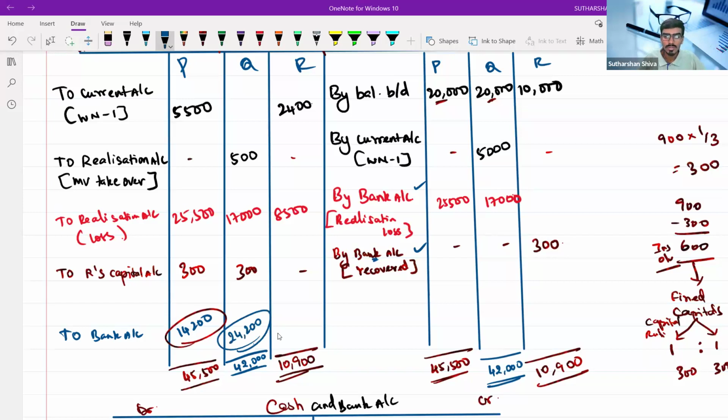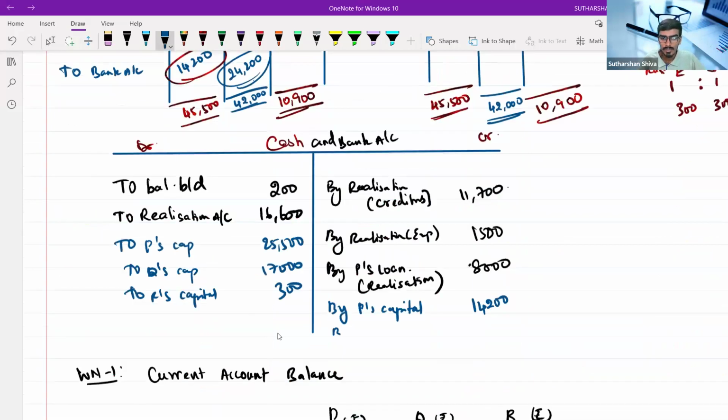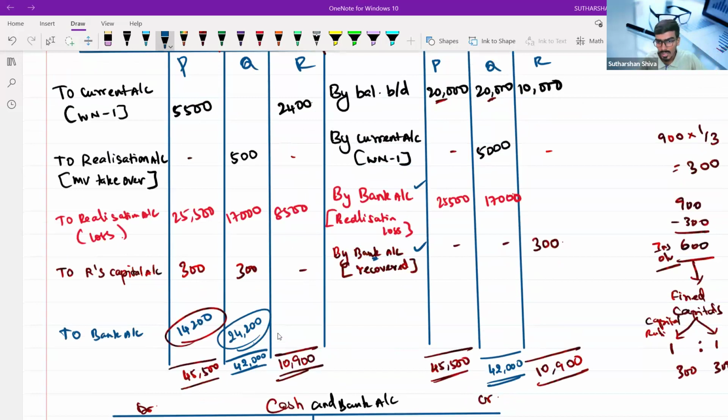So write down by Q's capital account, 24,200. And I need to write it here also. Here I need to put the remaining 600 by writing by P and Q's capital account. In bracket, it is a deficiency loss.